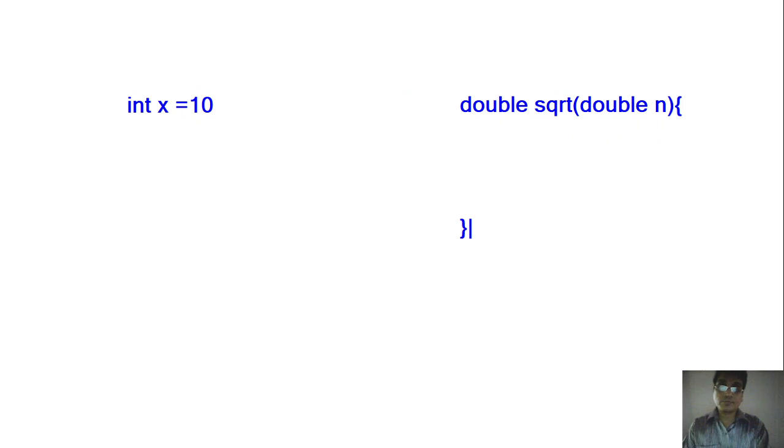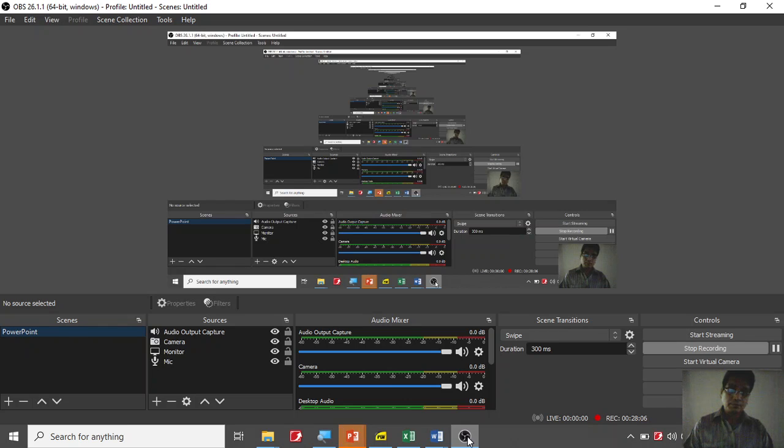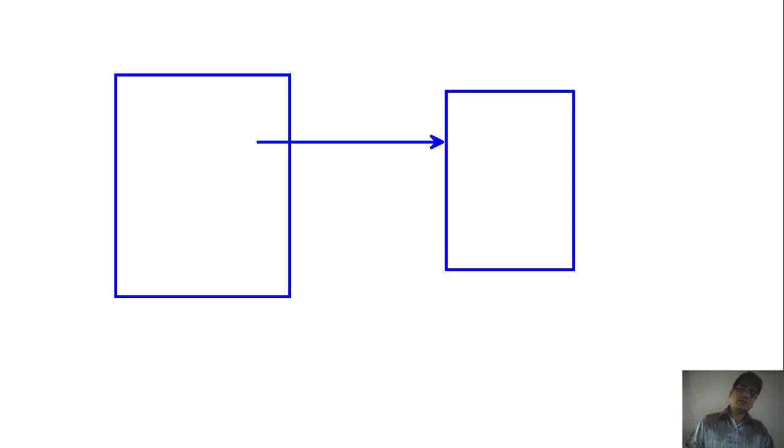So let's look at that. You had your program, and your program called a subroutine. In that subroutine there are local variables, local code, everything will be there.